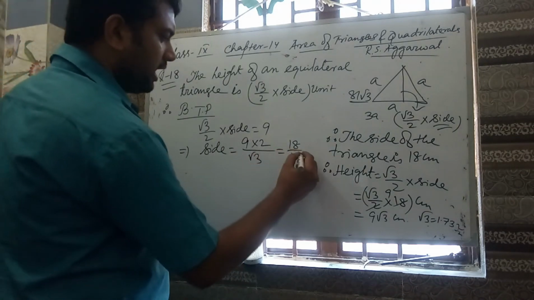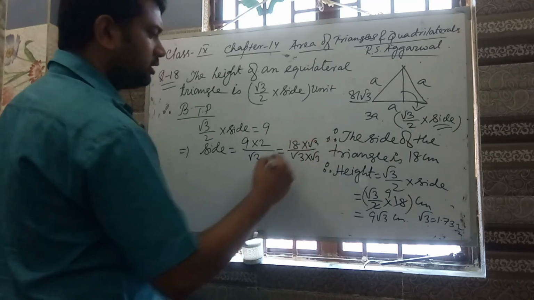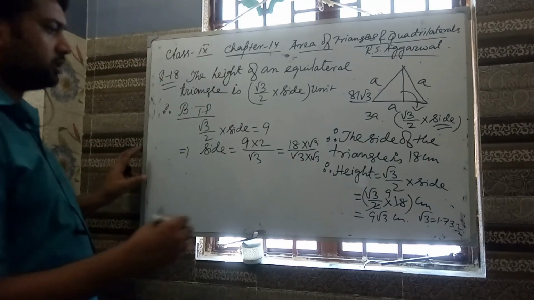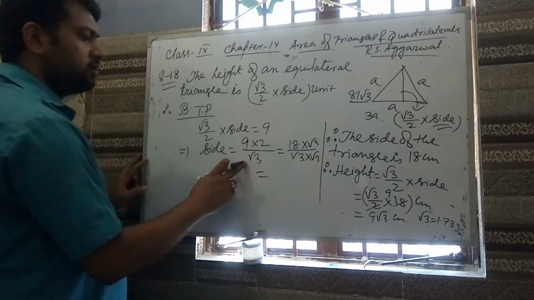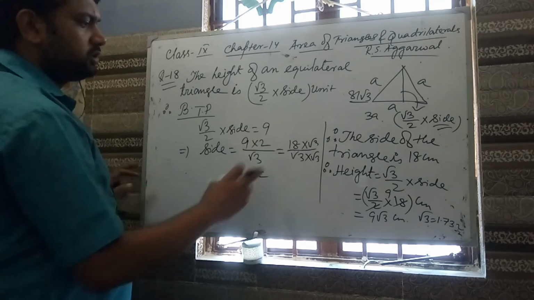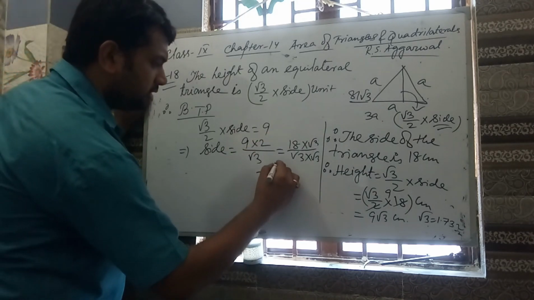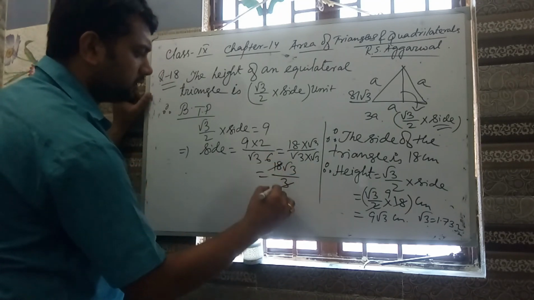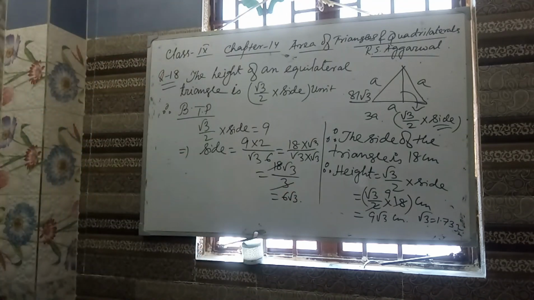We have to multiply root 3 and root 3 on the numerator and the denominator. For the rationalization part, here we have surds in the denominator. So it will become 18 root 3 by 3, cancel out. So it is 6 root 3. So the side is 6 root 3.